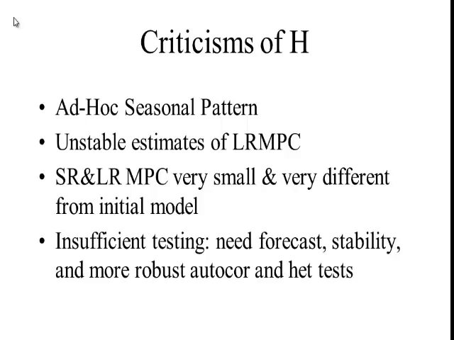Suppose you have a sample size of 100 and you have your consumption function, which is what we have. Then you can test it at the midpoint, which is 50, or you can test it at 25.